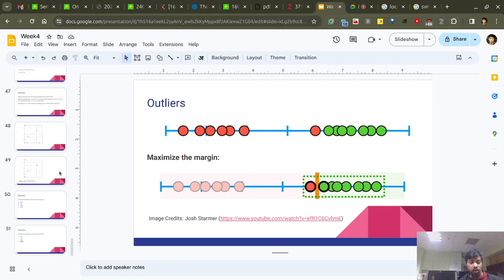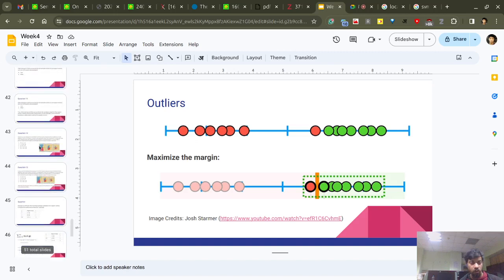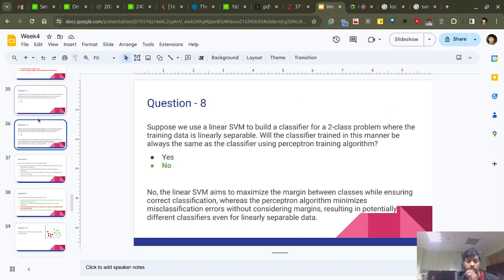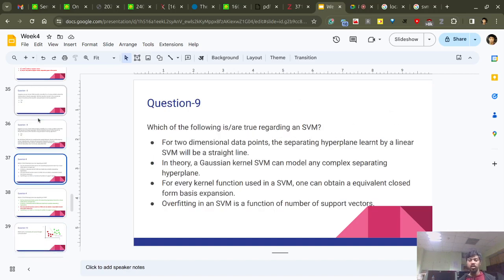Let's go to the next point. In theory, Gaussian kernel SVM can model any complex separating hyperplane. What this is saying is that even if the separating function is complex, or the classes are much overlapping, if we convert it to a higher dimension somehow, at some point it will be able to separate.